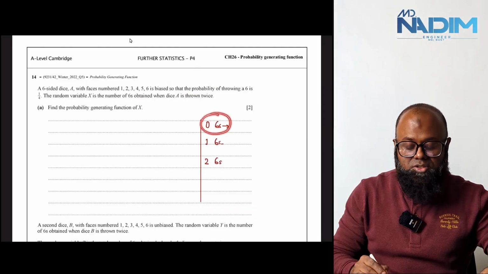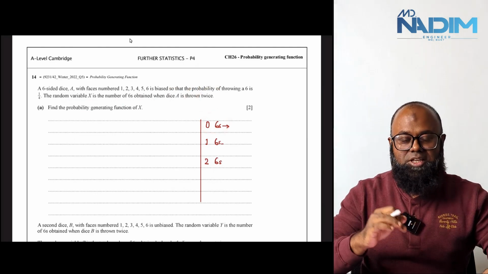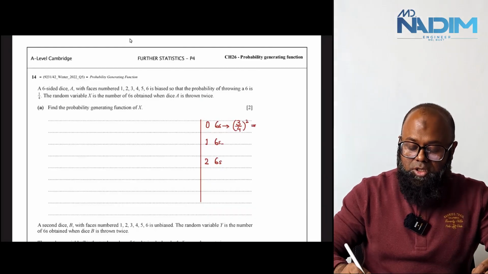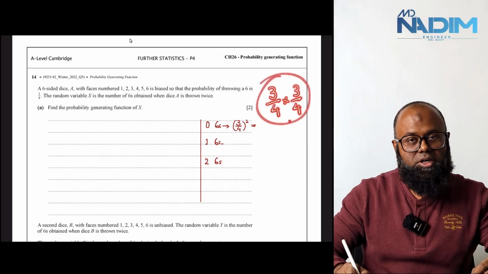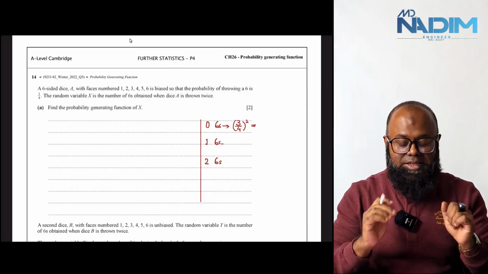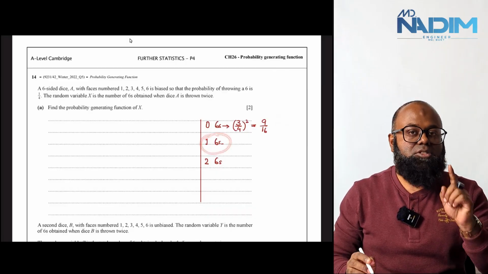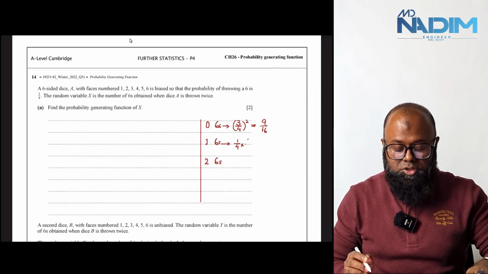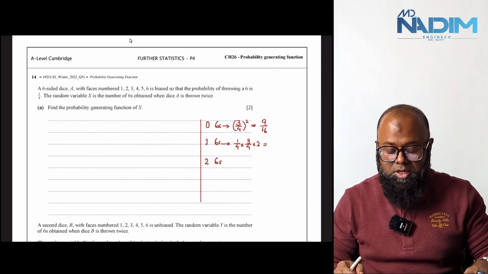If I get 0 sixes, that means no 6, no 6, so 3 by 4 into 3 by 4, it would be 3 by 4 squared, which is 9 by 16. For 1 six, that means 1 six and 1 non-six, 1 by 4 into 3 by 4 into 2. There can be 2 possible combinations here.